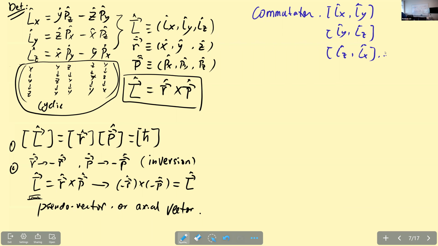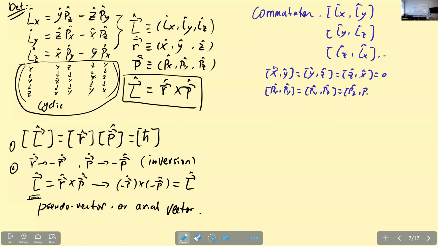And we know that for the position, x, y, and z all commute, so those commutators are 0, right? And also we know that px, py, and pz all commute. So do the angular momentum operators commute, is this equal to 0 or not? That's another interesting thing about these angular momentum operators.